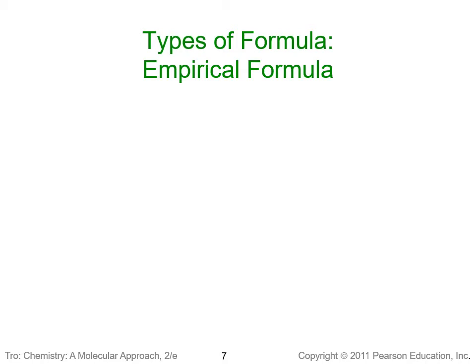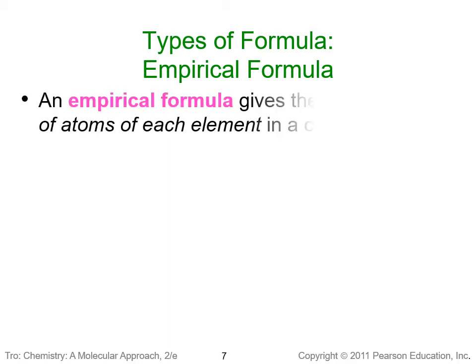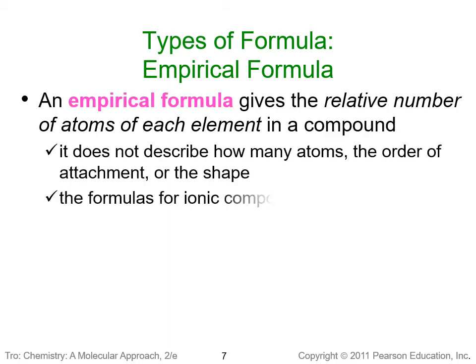So as we mentioned, ionic compounds are reported as empirical formulas. Empirical formulas are the lowest terms of our chemical formula. So it tells us the relative number of atoms of each element in the compound. It doesn't tell us anything about how they're attached to each other or the shape, just the lowest terms.